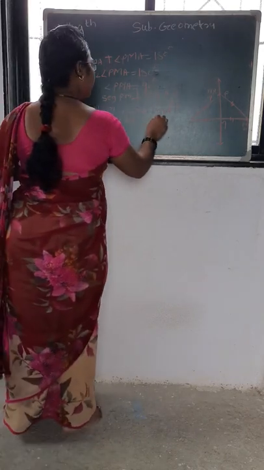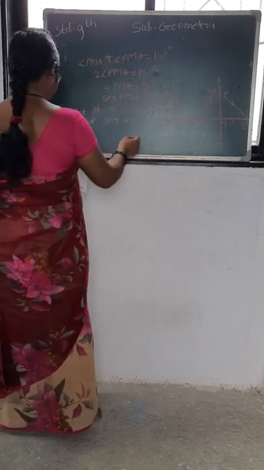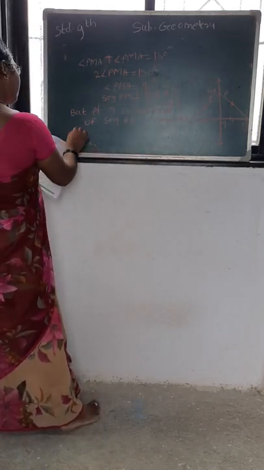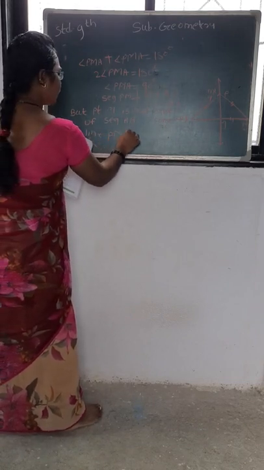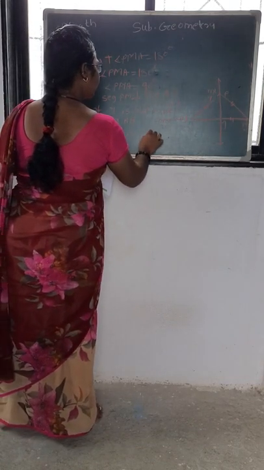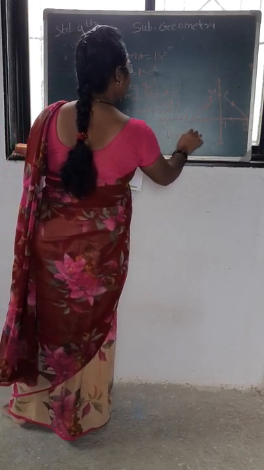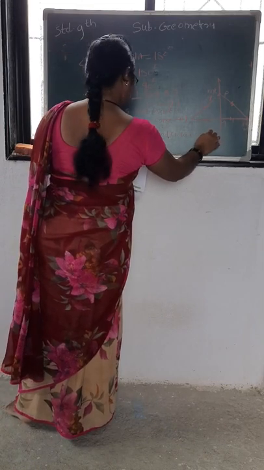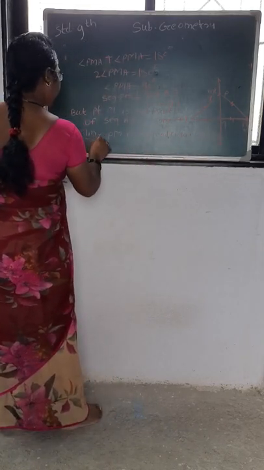We have given this in the construction. This is equation number 2. Therefore, line PM is the perpendicular bisector of segment AB.